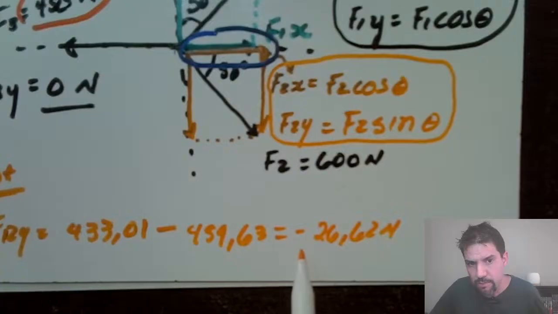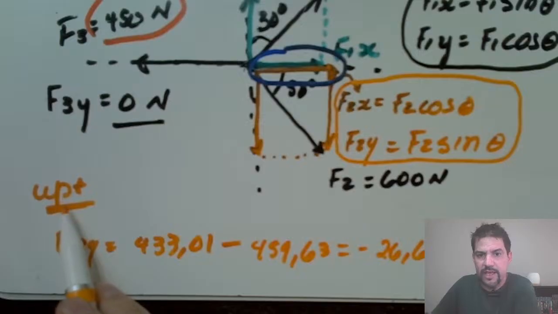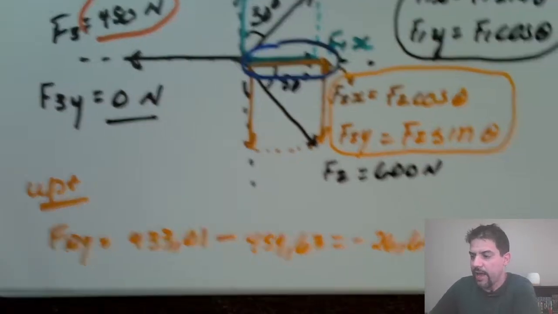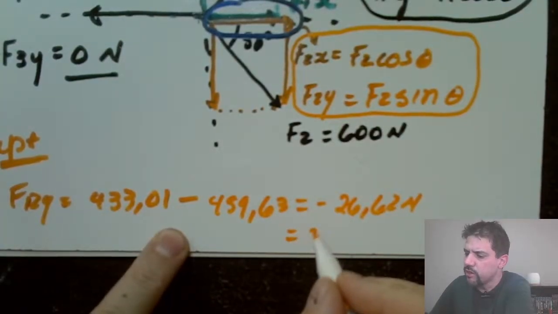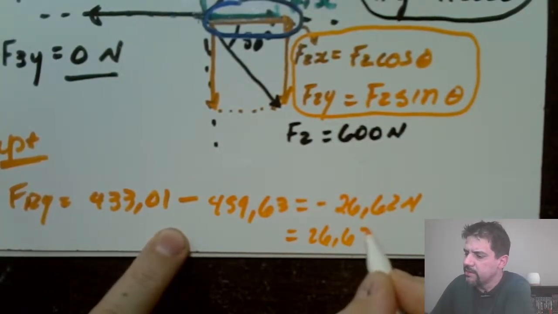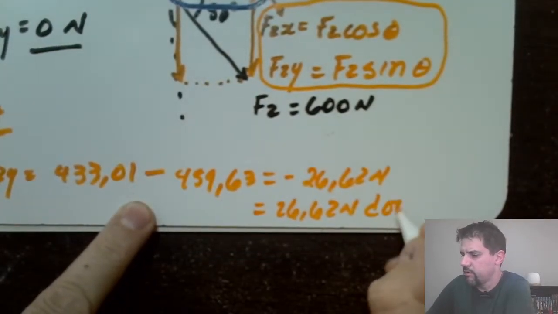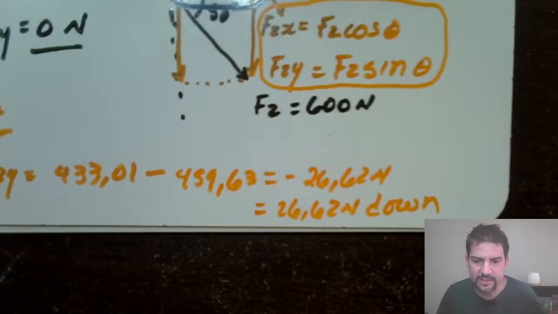This negative number has a meaning, which is direction. I said at the start of that question, up is positive. If you get a negative answer, it means that it is down. I am going to write the same number without the minus, 26.62 Newton, but I'm going to write the word down. And then we are done with that specific question.